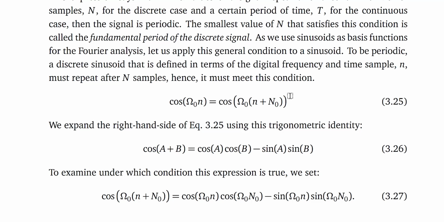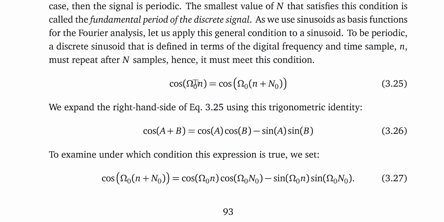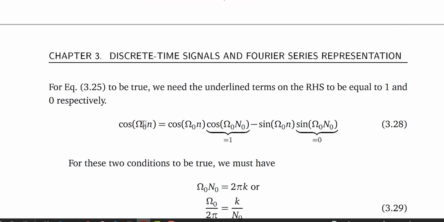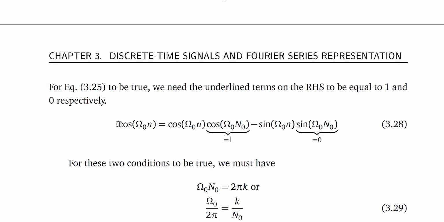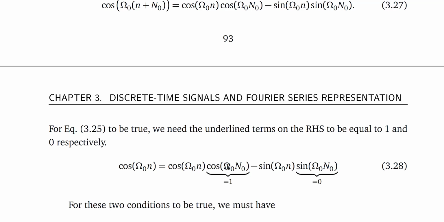And now we can expand this with a simple trigonometric identity. We open this up, and then that means that this term here is equal to this and this and this, right? We just plug these values in. And we find that for this cosine to be periodic, for this to be equal to this, these terms must be 1 and 0, because then that's what we have left.